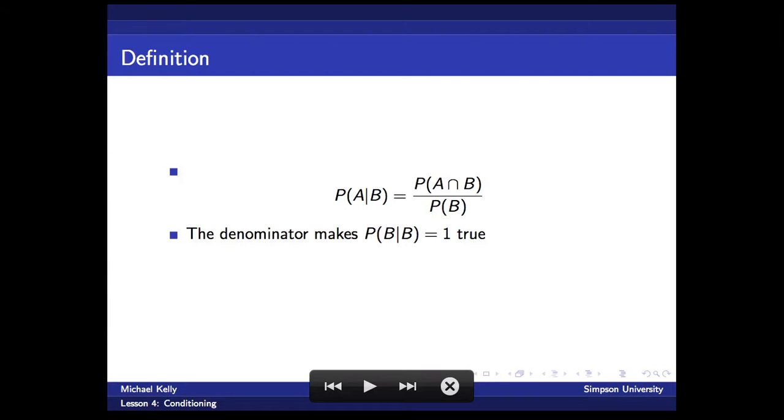If you plug in B for A, and remember that B intersect B is just B, then you'll see that this identity is always true. Also, in the numerator, you can see that we've thrown away the probability of A intersect B complement part. So we only take into account the probability of A intersect B, that is, points or outcomes that are in both the sets A and B.